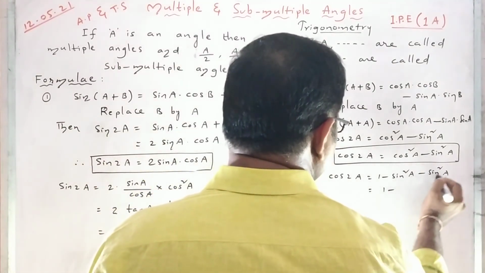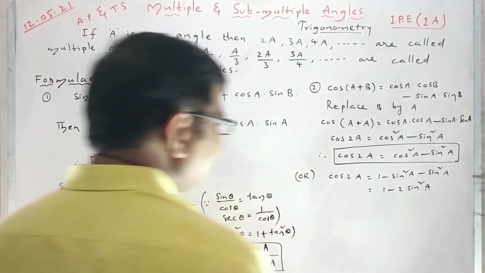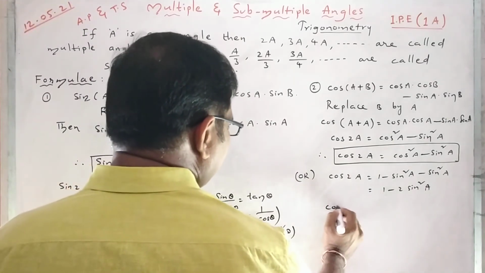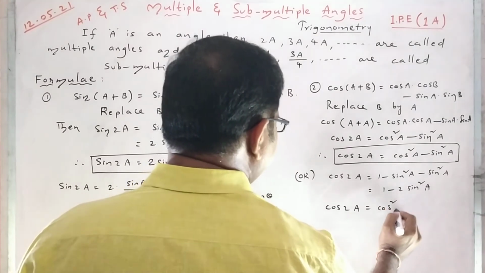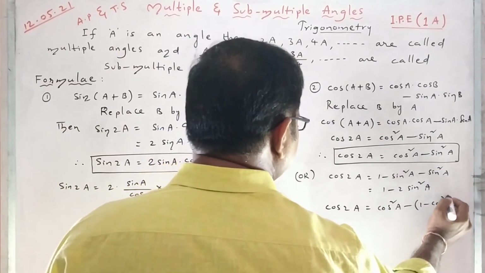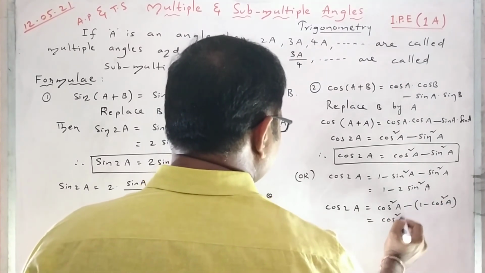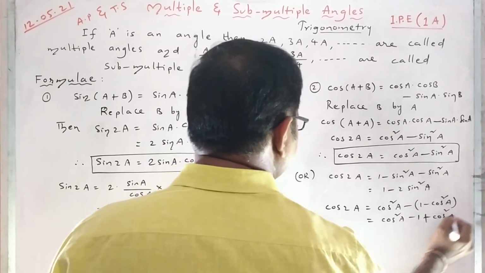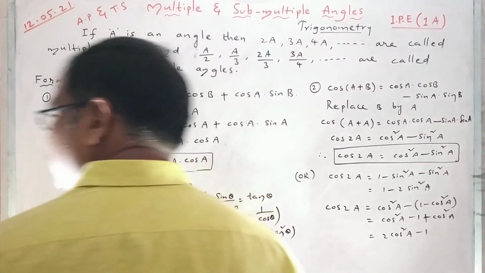So 1 minus sin square A minus sin square A, that is 1 minus 2 sin square A. So that is another formula. Otherwise, keep cos square A as it is, and minus sin square A can be written as minus 1 plus cos square A. So 2 cos square A minus 1.